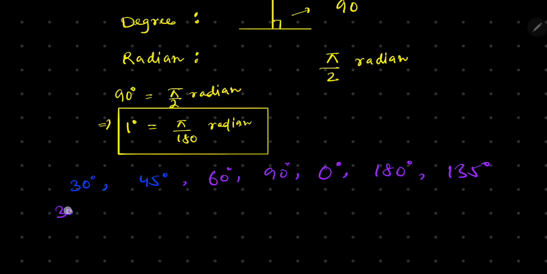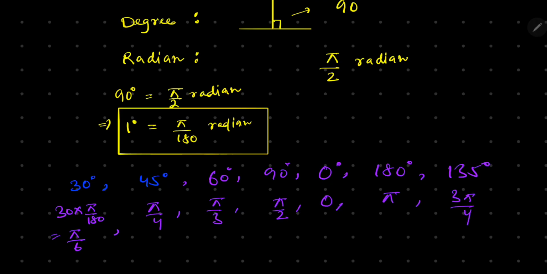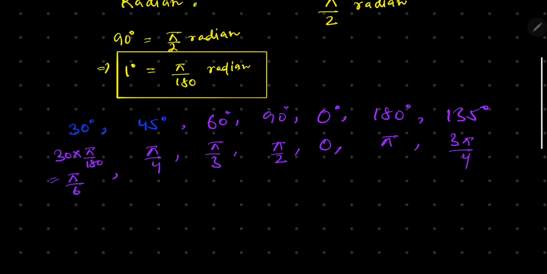So multiply 30 with pi by 180, this will simplify to pi by 6. Similarly, 45 degree multiplied with pi by 180 will come out to be pi by 4 radian. Similarly this will be pi by 3, this will be pi by 2, this will be 0, this will be pi, this will be 3 pi by 4, and so on. I hope you understood that we simply multiply with pi by 180.